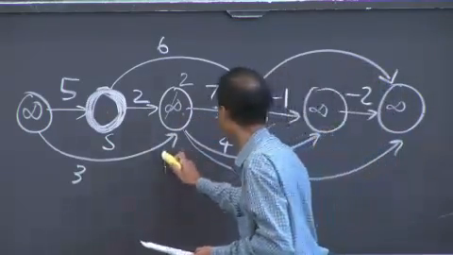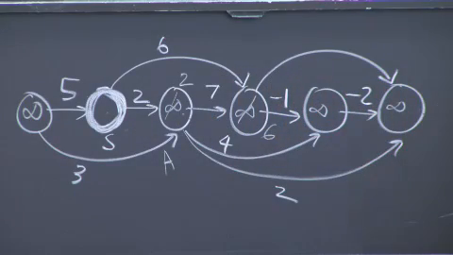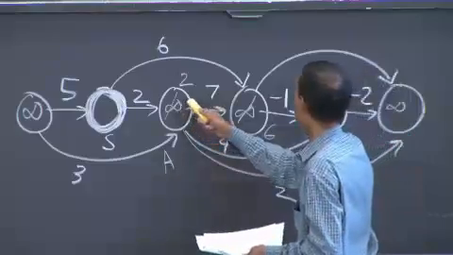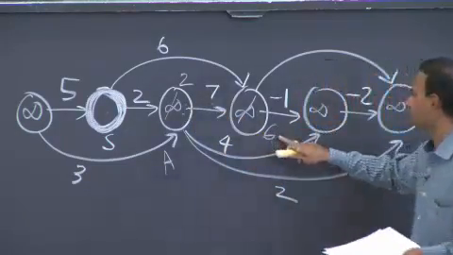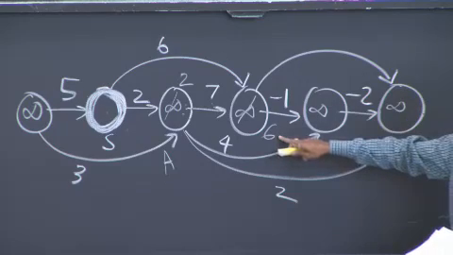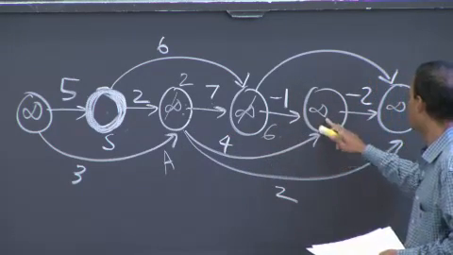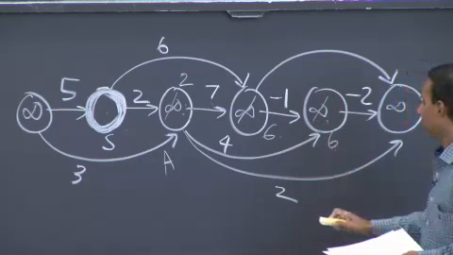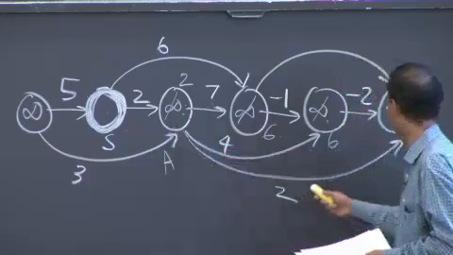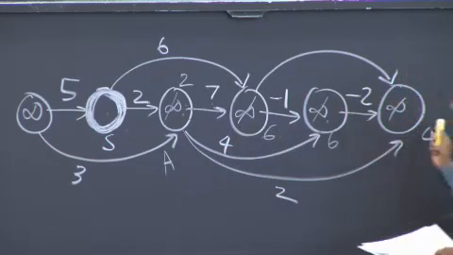Let's call that the vertex A. And I'm going to relax the edges going out of A. And when I go out of A, I get 2 plus 7 is 9, which is greater than 6. So there's no reason to update that. 2 plus 4 is less than infinity, and so that's 6. 2 plus 2 gives me 4 here, and so on and so forth.